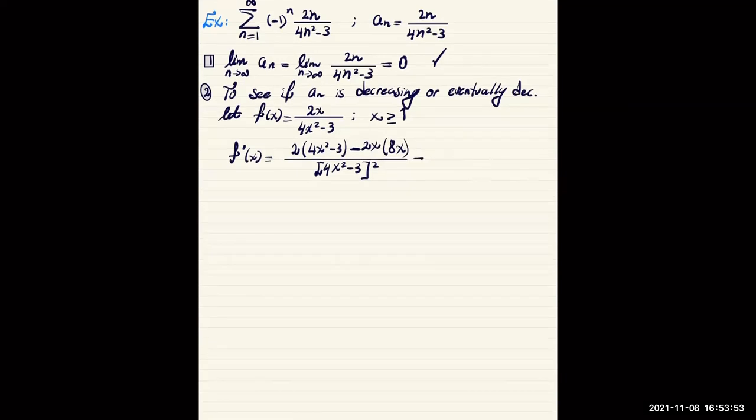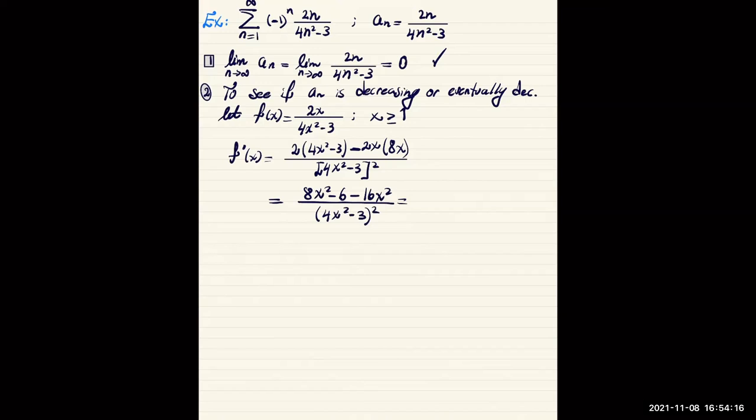Okay, and that is equal to, on top, 8x squared minus 6 minus 2x times 8x, which is 16x squared, over 4x squared minus 3, the whole thing squared.